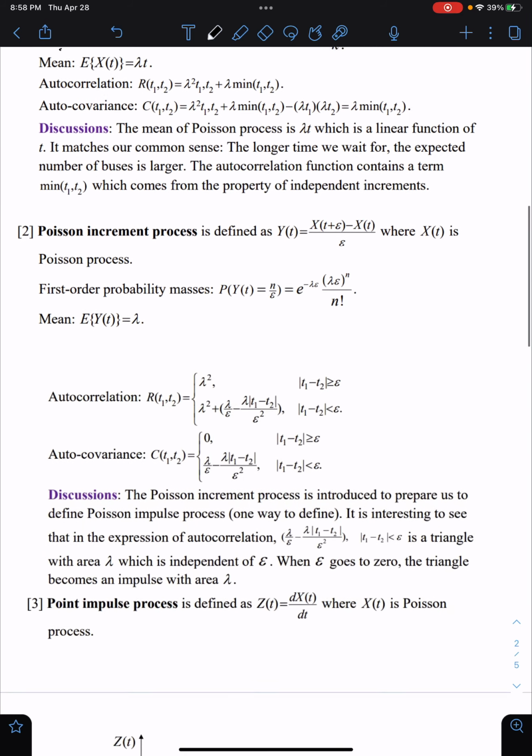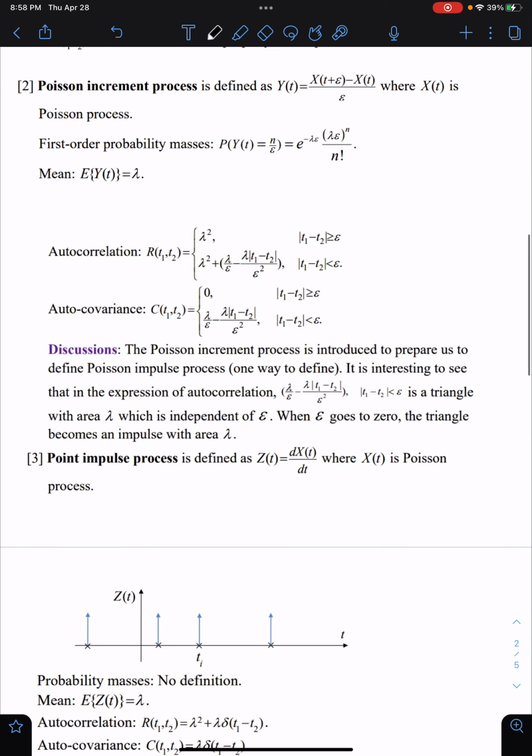Second, we need to write the properties of the Poisson increment process, and it is defined as big Y(t) equals (X(t plus epsilon) minus X(t)) divided by epsilon, where X(t) is the Poisson process.